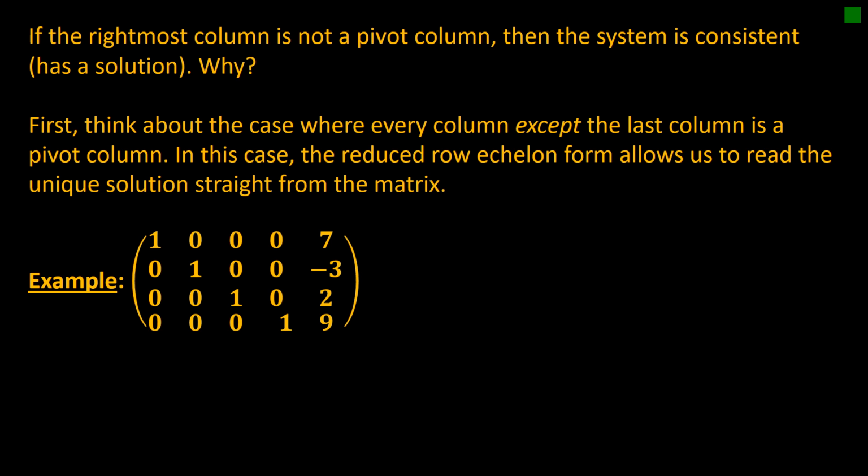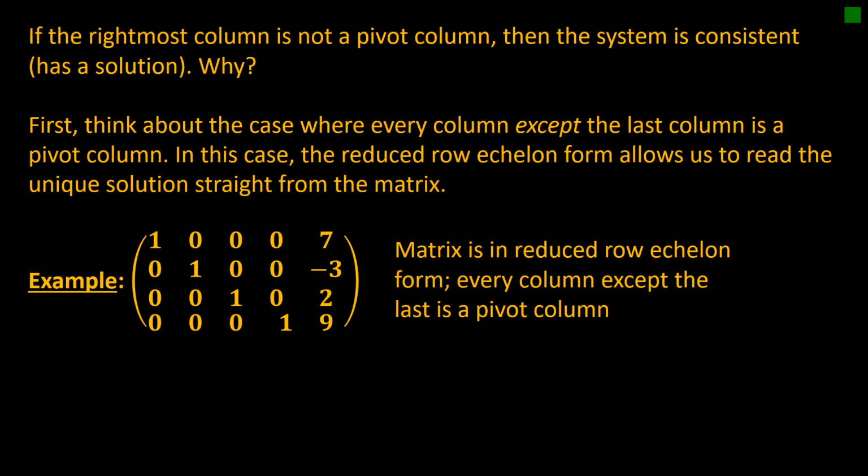So look at this example. Suppose this is actually already in reduced row echelon form, but you can see I have a pivot here, here, here, here, but none in the last column, right? Okay, so I have a pivot in every column except the last column. I say the matrix is in reduced row echelon form.